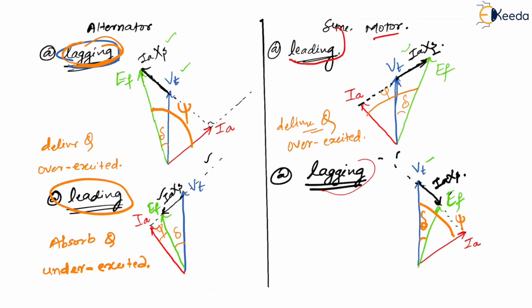Why? Because we know the basics. We know that EF always leads VT in the case of an alternator and EF lags VT in the case of a synchronous motor. Is that correct? Yes.